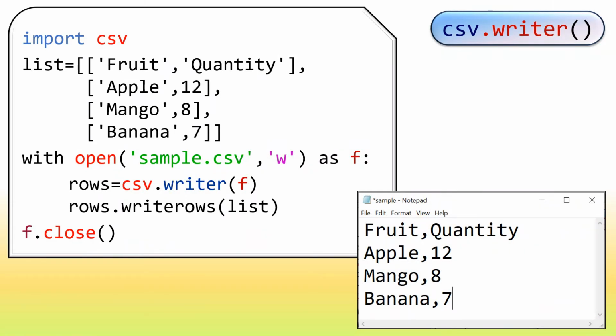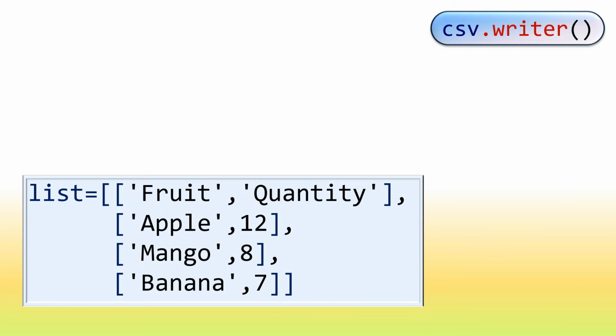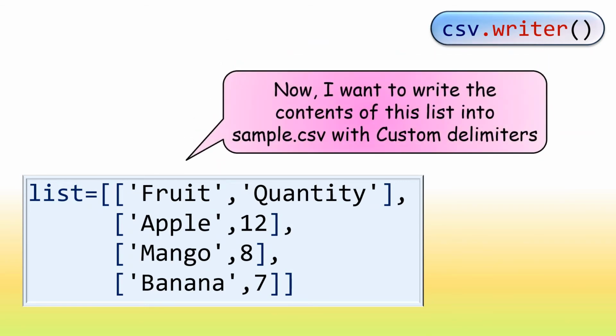Next, I will show you some variations that can be applied to the csv.writer function. Suppose I want to write the contents of this list in sample.csv with custom delimiters. Custom delimiters means the fields are separated by some other character other than comma.